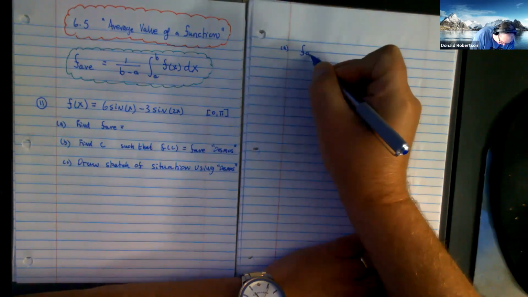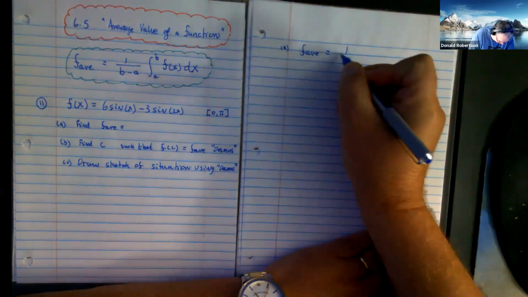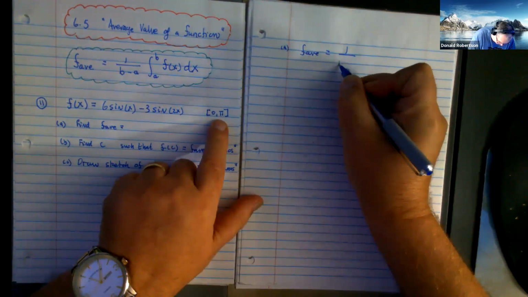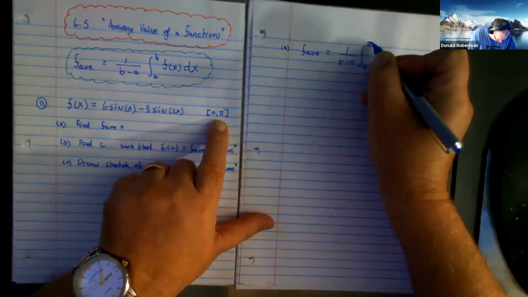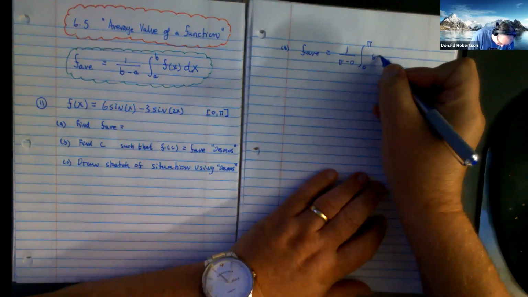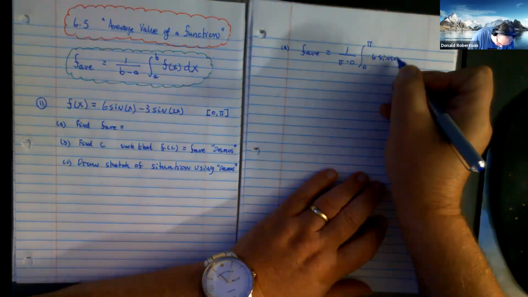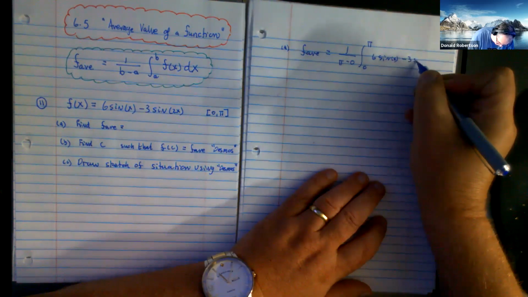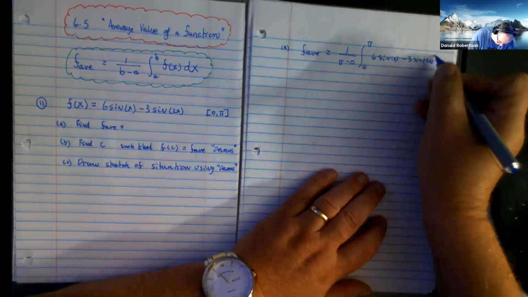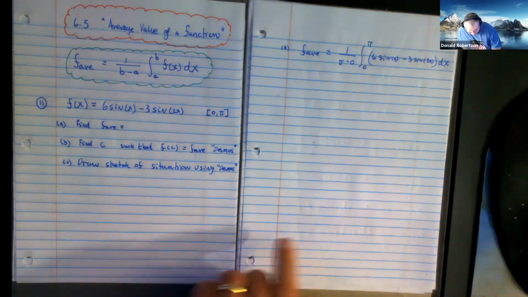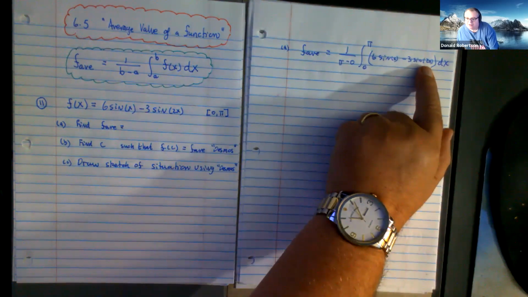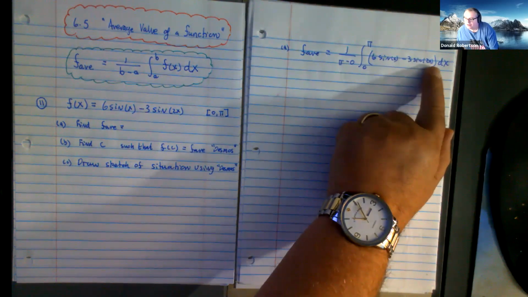The average value is going to be 1 over b minus a, the integral from a to b of the function. And the reason that I did this introduction is, isn't it a lot easier to do this one now that you've got a shortcut?